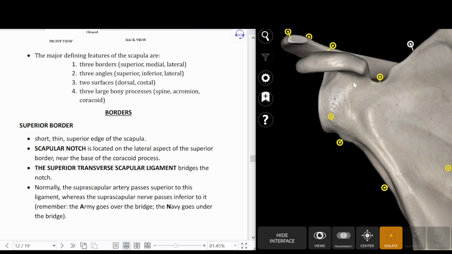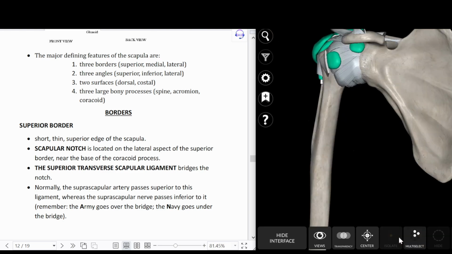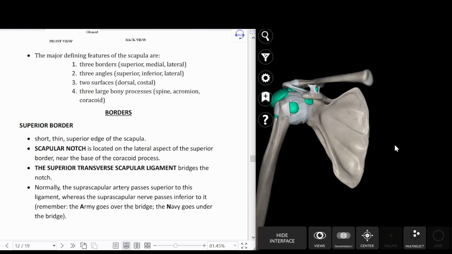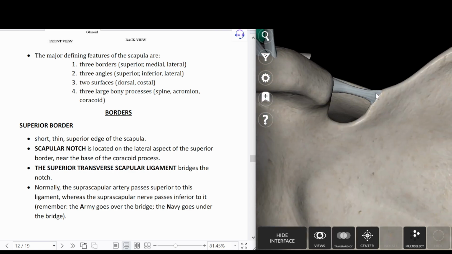Now what is the importance of this scapular notch or suprascapular notch? That a superior transverse scapular ligament bridges this notch. So you see this is your superior transverse scapular ligament, this bridges your notch.